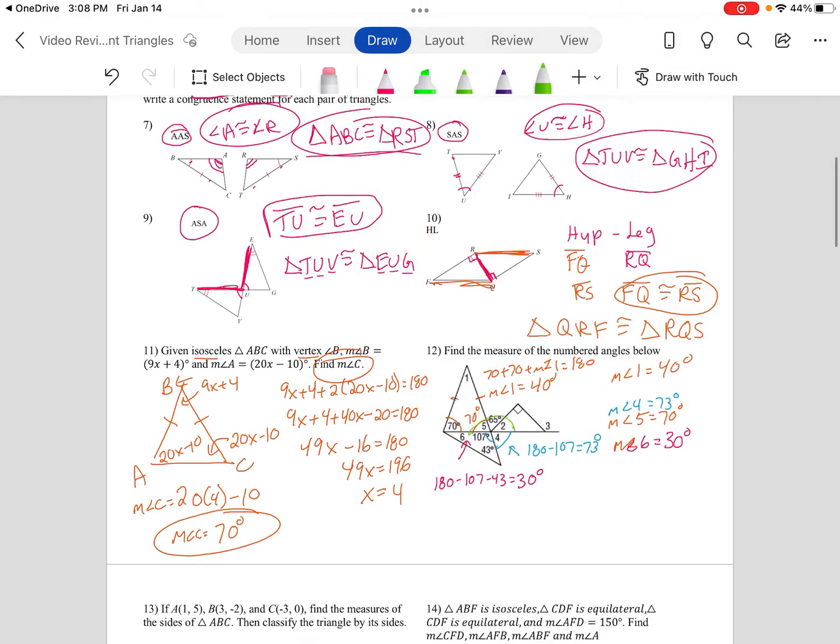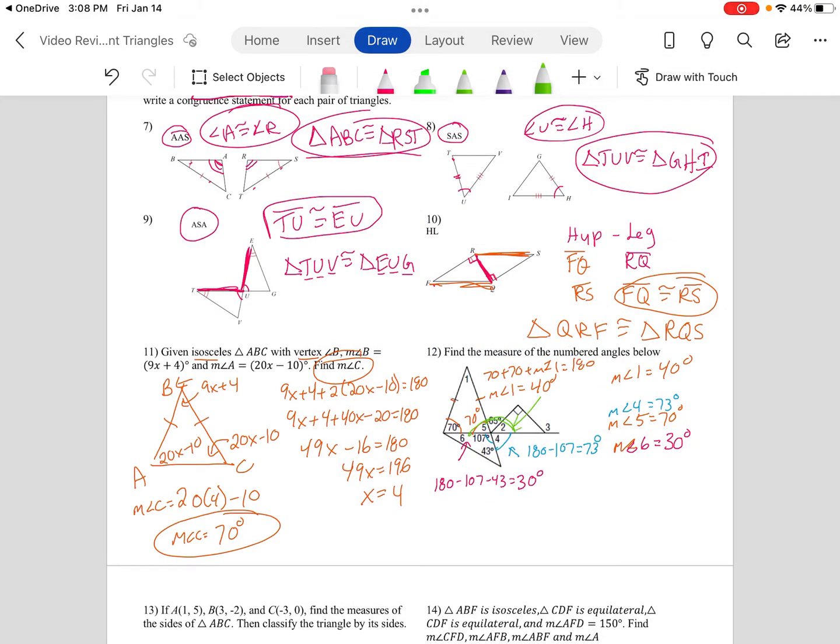I know all of these angles add to 180, so the measure of angle 2 is going to be 180 minus 65 minus 70, which is going to be 45 degrees.